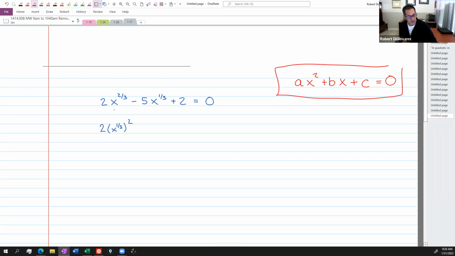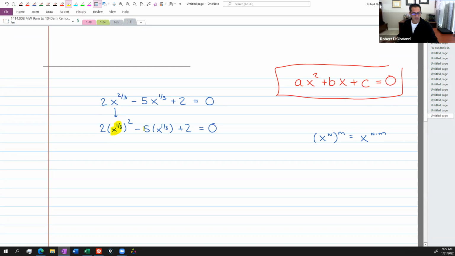I'm rewriting x to the 2/3 as x to the 1/3 squared, because of the property of exponents: when you have x to a power raised to a power, you multiply the powers. I can get 2/3 by multiplying 2 times 1/3. And over here, I already have x to the 1/3, and then plus 2 equals 0.